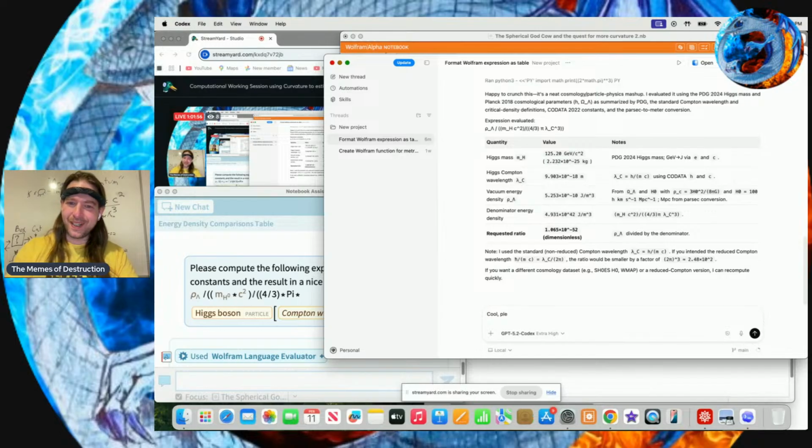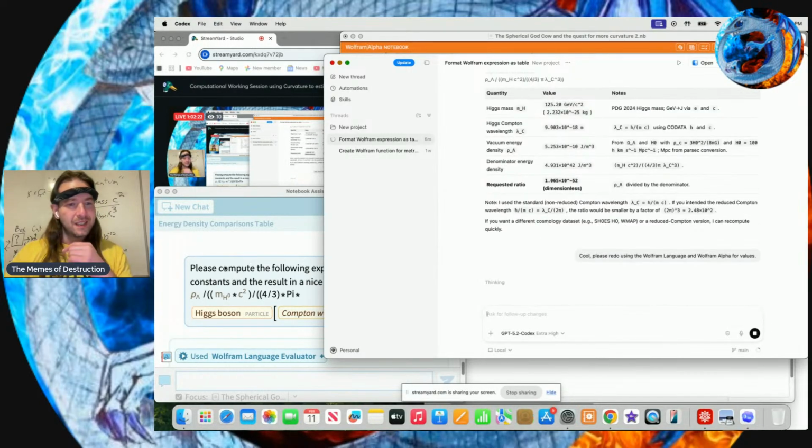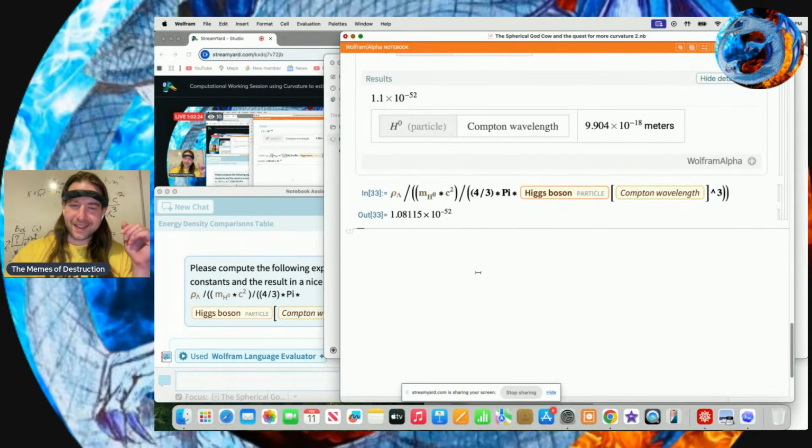Please redo using the Wolfram language and Wolfram Alpha for values. All right, got that there.